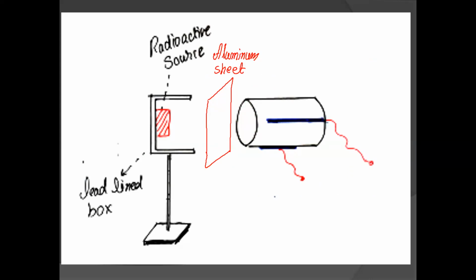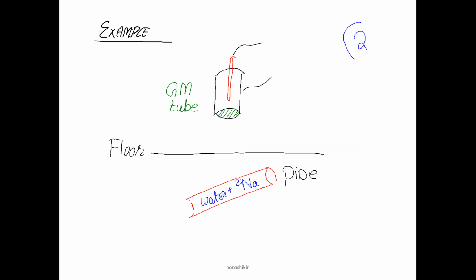A GM tube can be used to detect leakage in underground pipes, which is a very big problem. If there is a leakage under the ground, these pipes are very fragile with the passage of time.